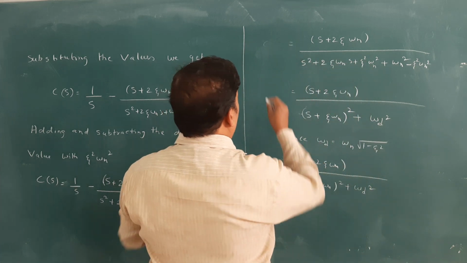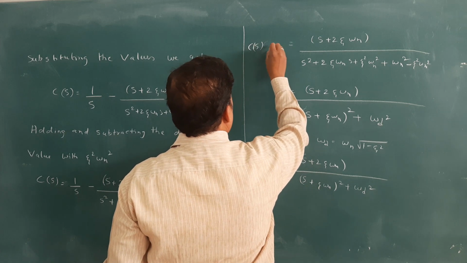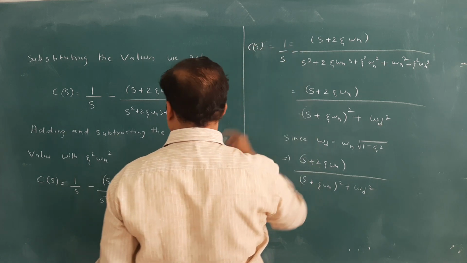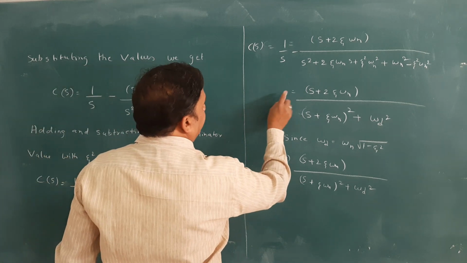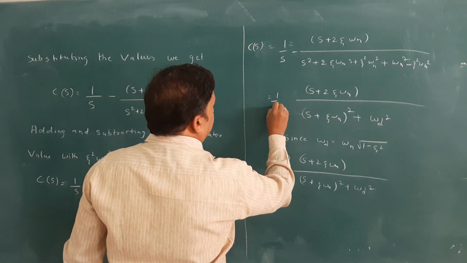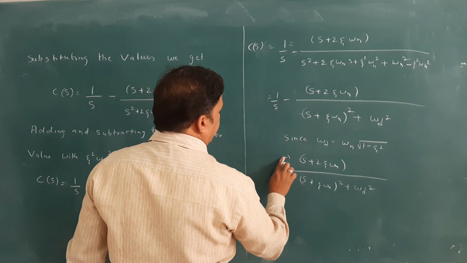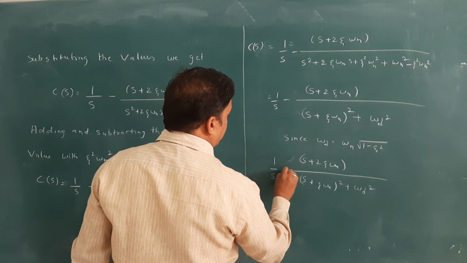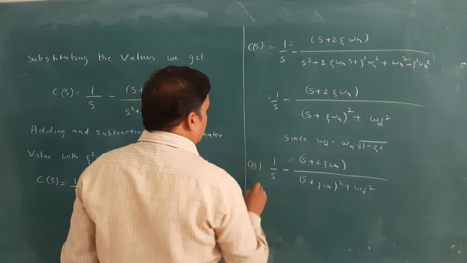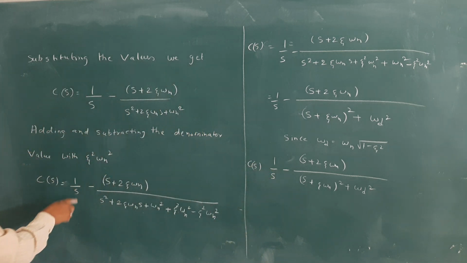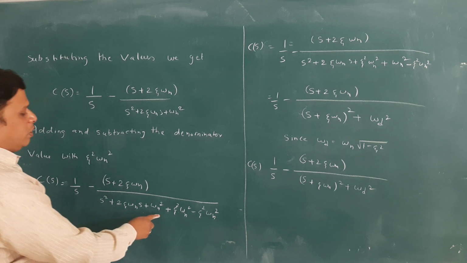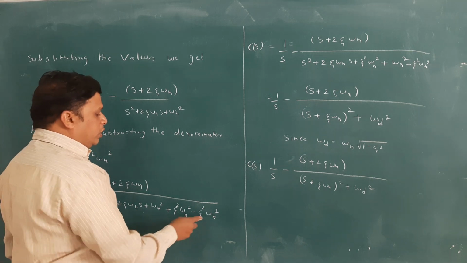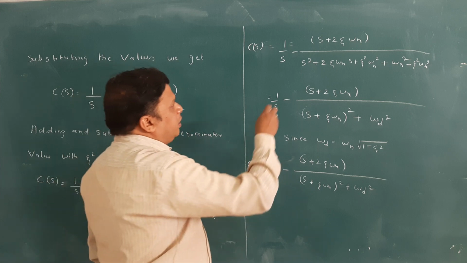So here we have written C of s is equal to 1 by s minus this equation. 1 by s minus this complete equation, is equal to 1 by s minus (s plus 2 zeta omega n) divided by (s square plus 2 zeta omega n s plus omega n square), and these two terms, adding and subtracting, we will get this term.